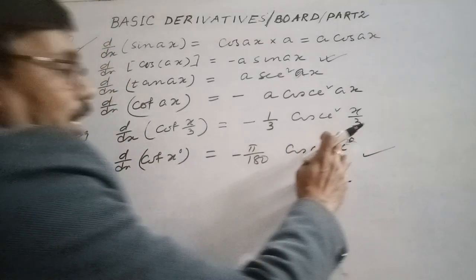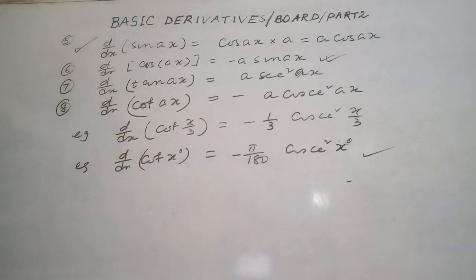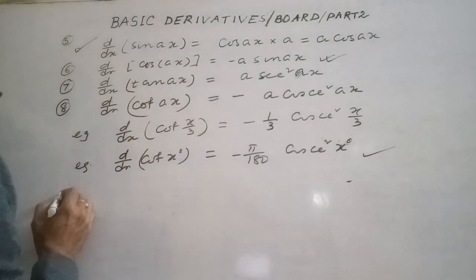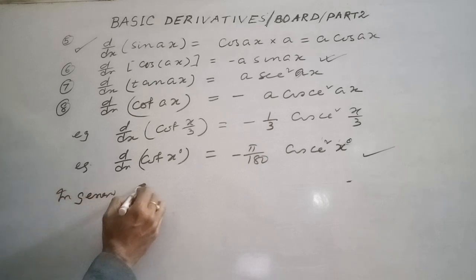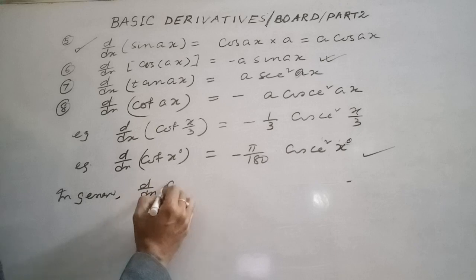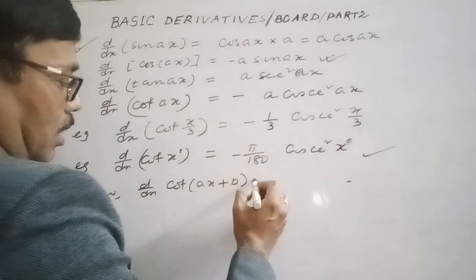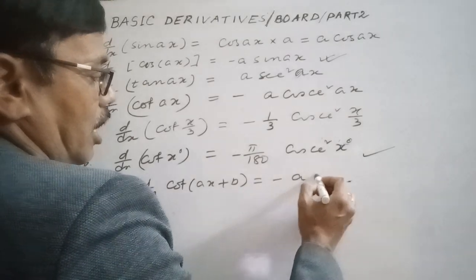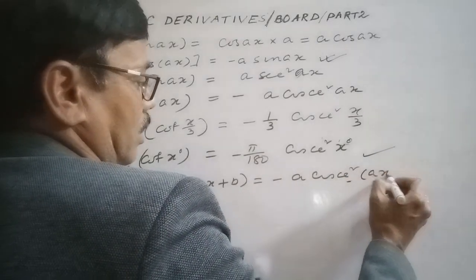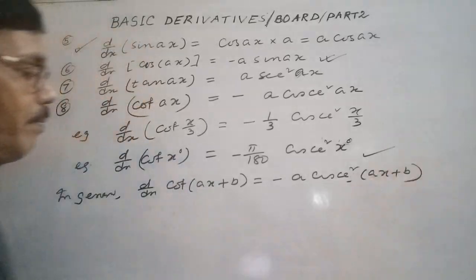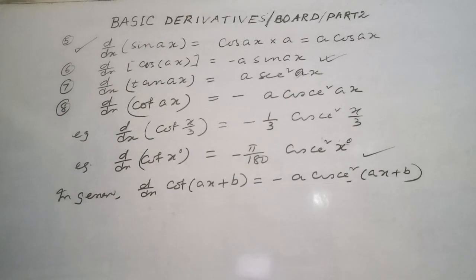And in general, d/dx of cot(ax plus b) is minus a cosec square(ax plus b).